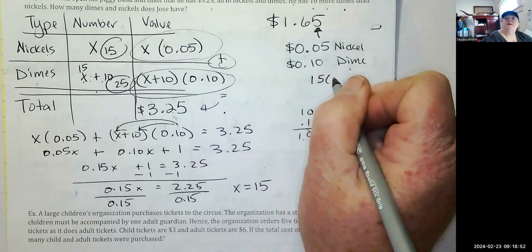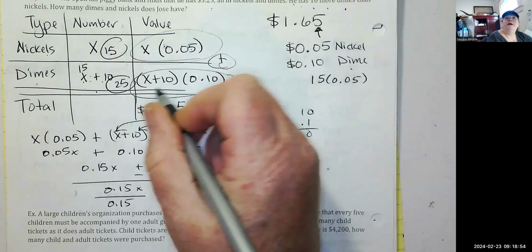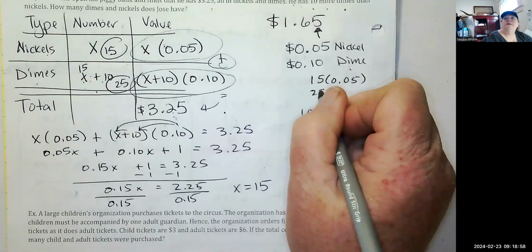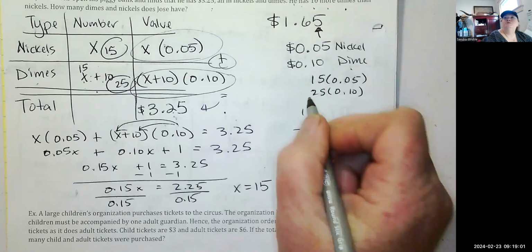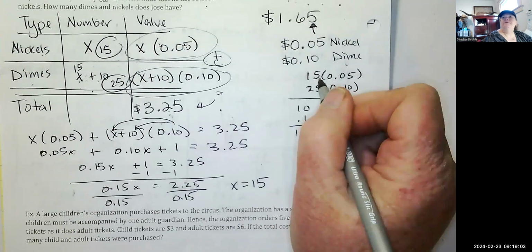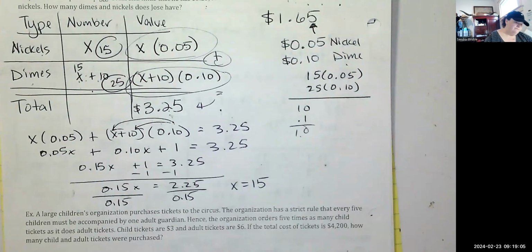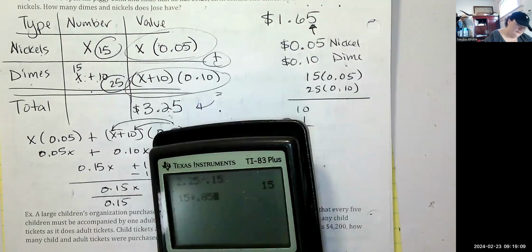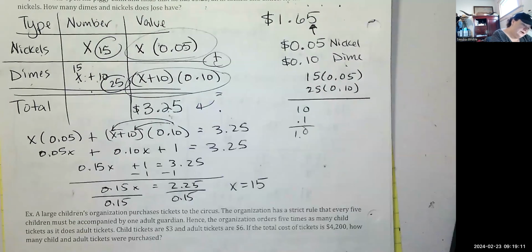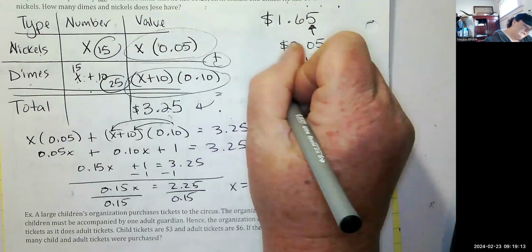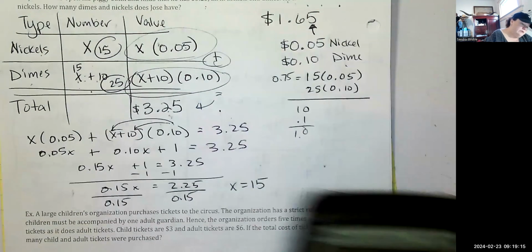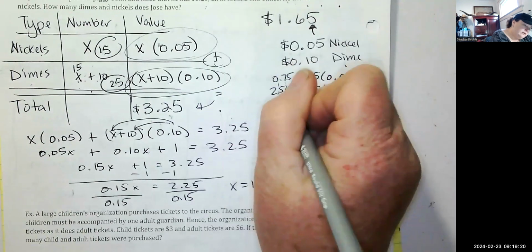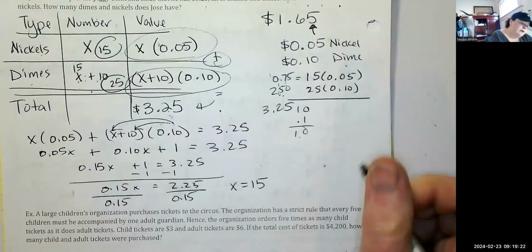And then we have 10 more than that, so 25 times the dimes. I just want to make sure these add up properly. 15 times 0.05 equals 0.75. And then this is 2.50. So that's $3.25. It works.